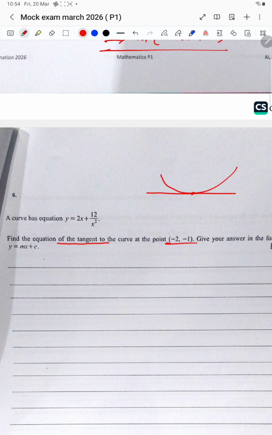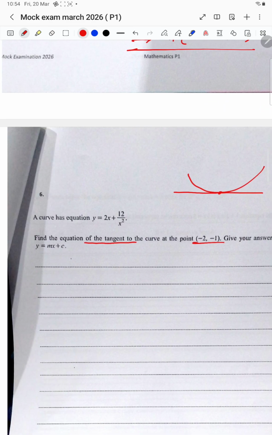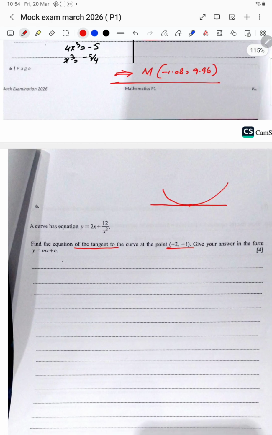Give your answer in the form y equals mx plus c. We have to find the equation of the tangent. So, another simple question, you find dy by dx. y is 2x plus 12 times x to the power minus 2. So dy by dx will be 2 minus 24 by x cubed.